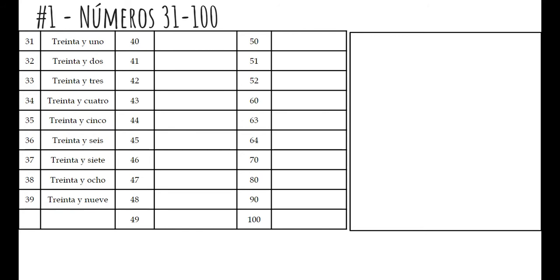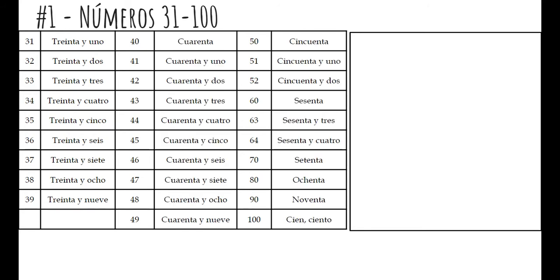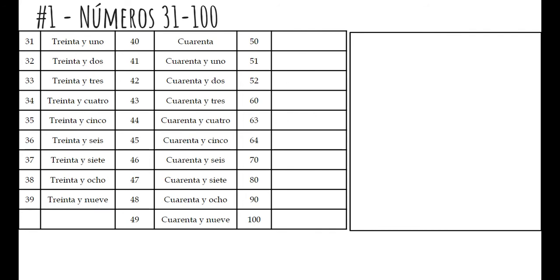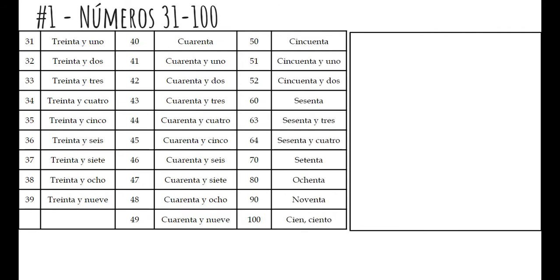So let's just look at 40 through 49 again. And you will see 40 through 49, you've got 40, then 41, 42, 43, and so on, all the way up to 49. Follows that same pattern. And you'll see then we can add on our other decade numbers, and it works the same way. So 50, you have 50.